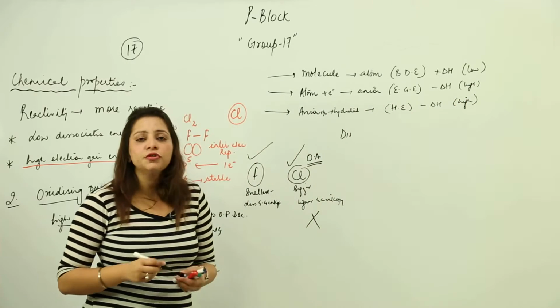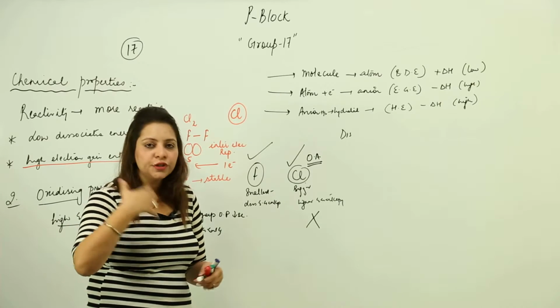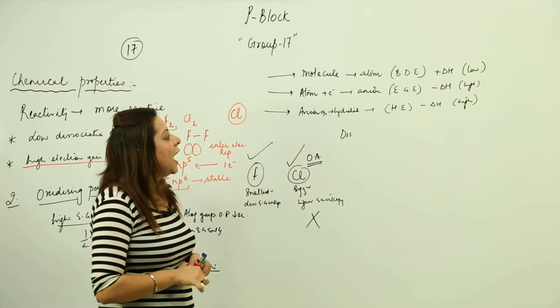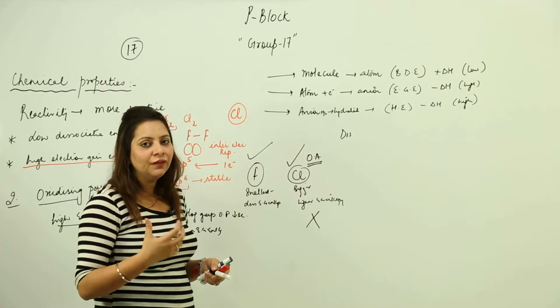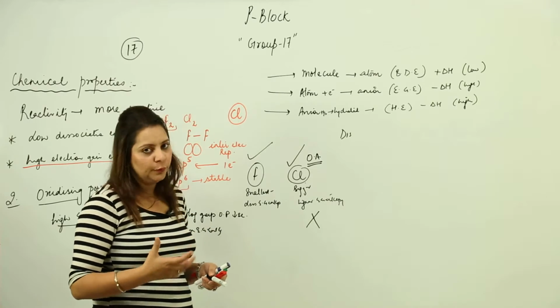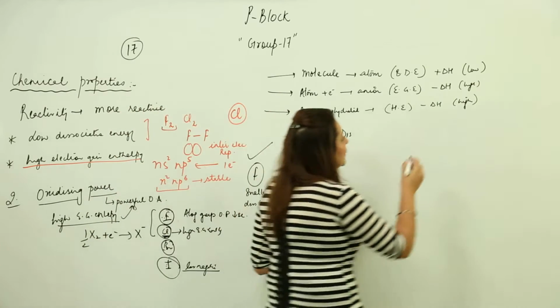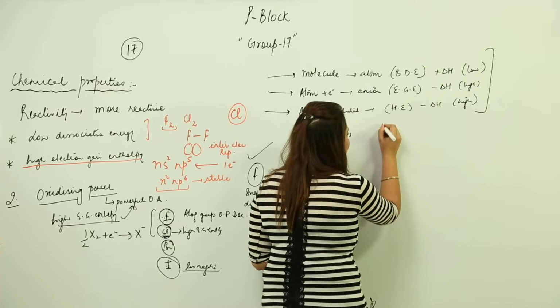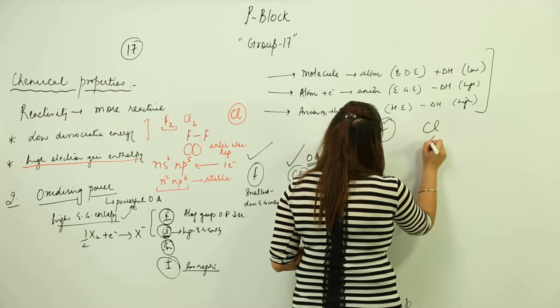That means the absorption should be less, the energy which we supply from outside should be low, and comparatively the energy released in the second and third steps should be high. So we see that this is maximum in the case of fluorine but not in the case of chlorine.